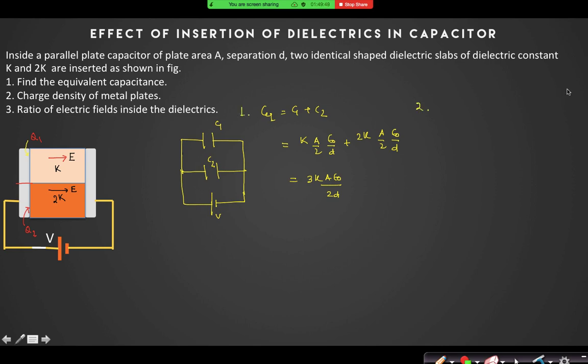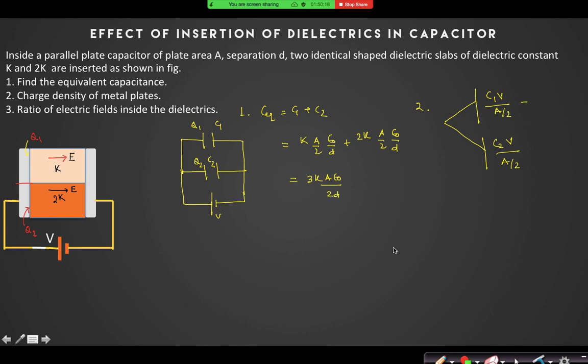The second question is charge density of the metal plates. Look, I will get two different charge densities. One is Q1 by A by 2, another is Q2 by A by 2. For the upper section, the charge density will be Q1, which is C1 into V divided by A by 2, and the lower plate will be C2 into V divided by A by 2.